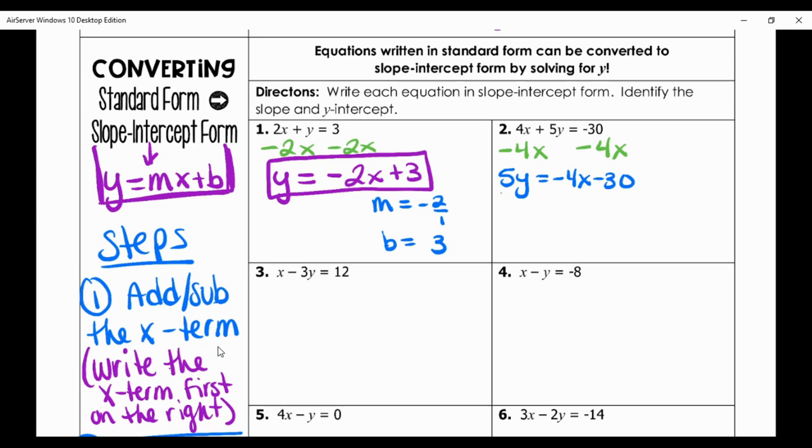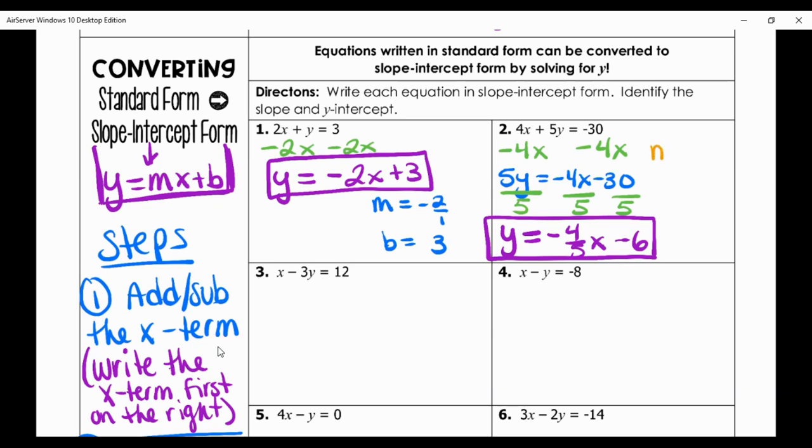Y is being multiplied times 5, so we're going to divide each term by 5. Then we want to simplify. So we get y equals negative 4 over 5x minus 6. Which would make the slope negative 4 over 5, and the y-intercept negative 6.